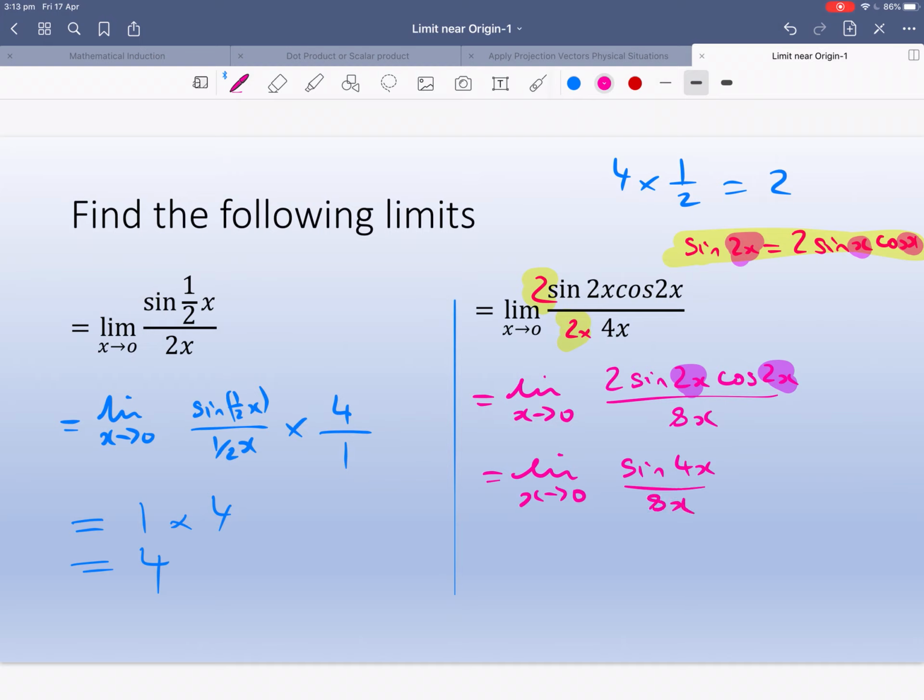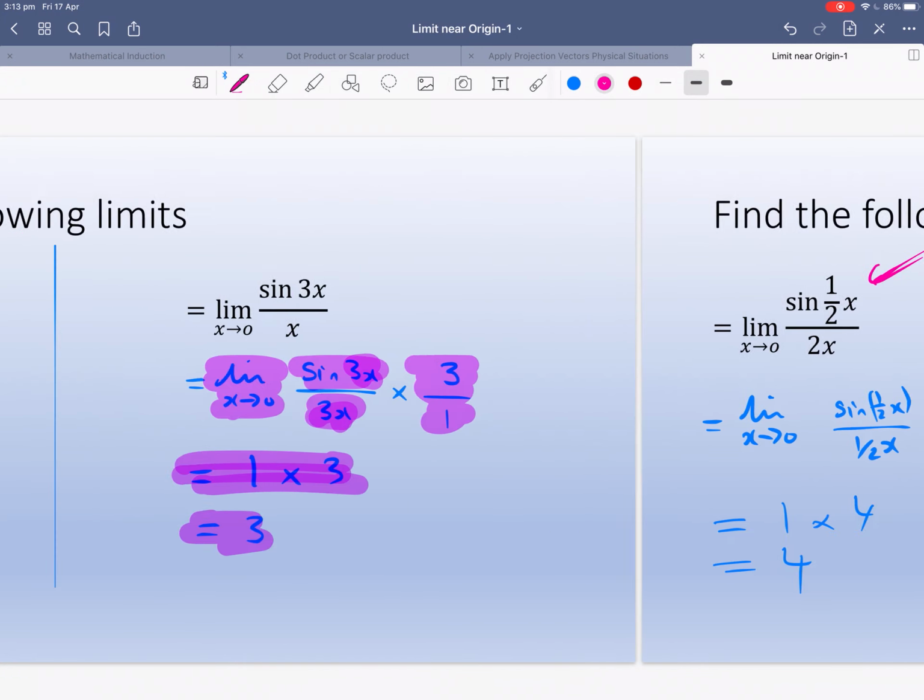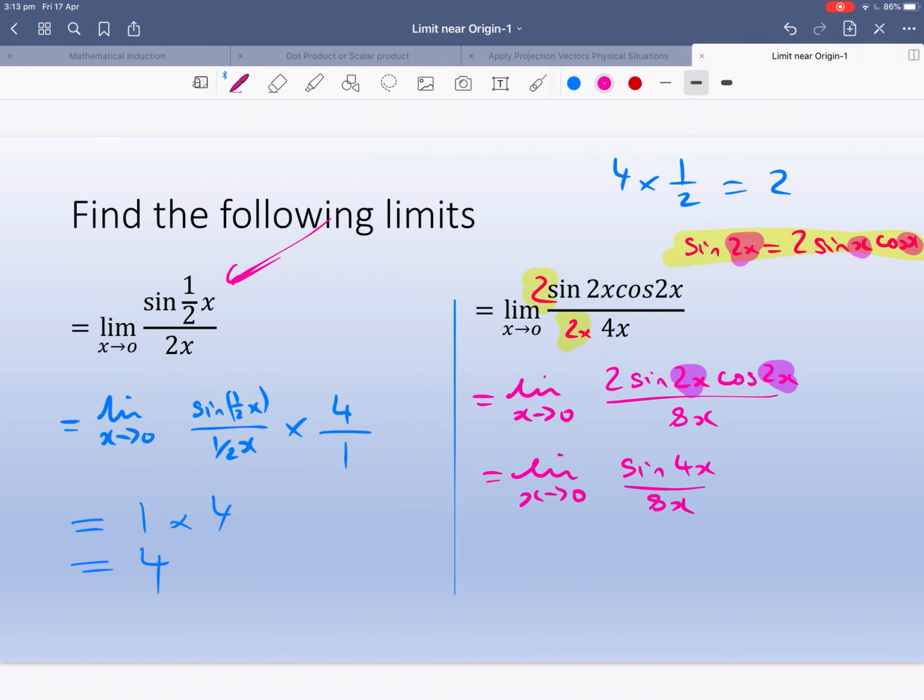Now this is good because it's got me into this kind of form, which I've done over here. So that means that I'm going to write limit again. Keep writing limit until we've sorted it out. Sine 4x over 4x. Now I need to multiply by something to make it true.